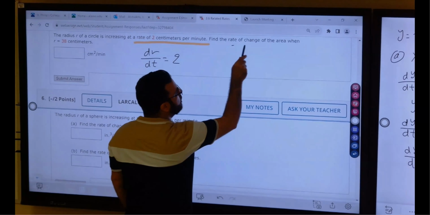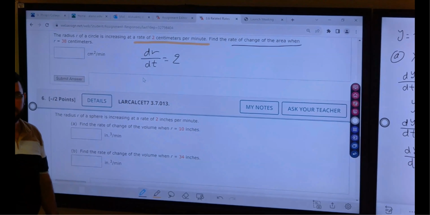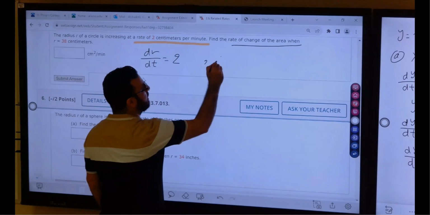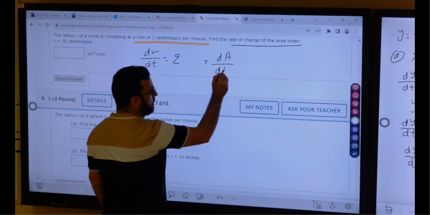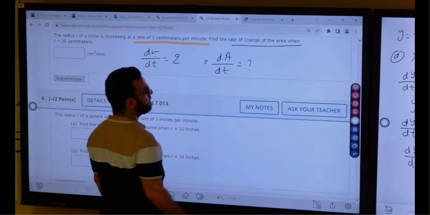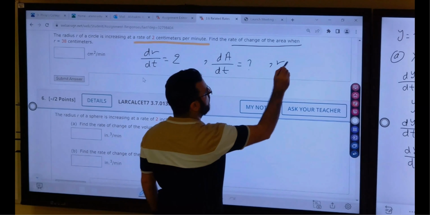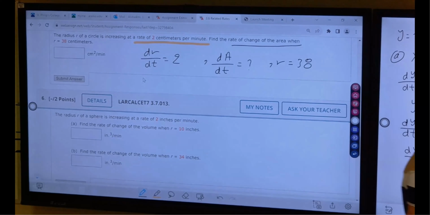Find the rate of change of the area. What does that mean? The change of area. That means we need to find the derivative of area with respect to time, when the radius equals 38 centimeters. So you see, you need to find the information.